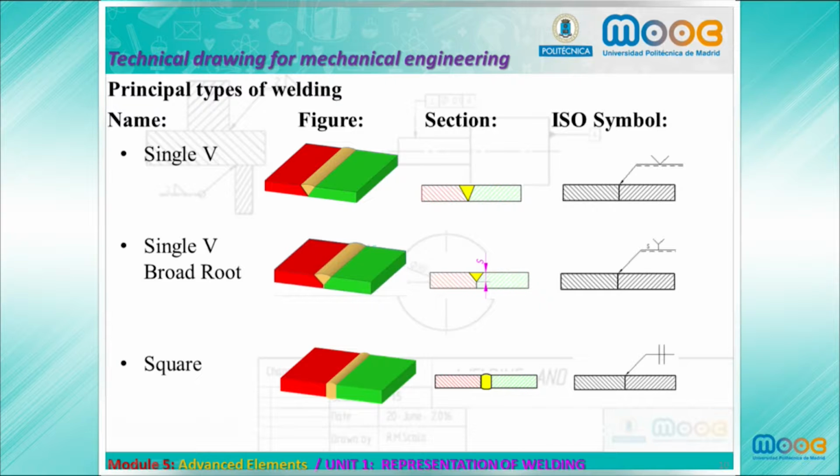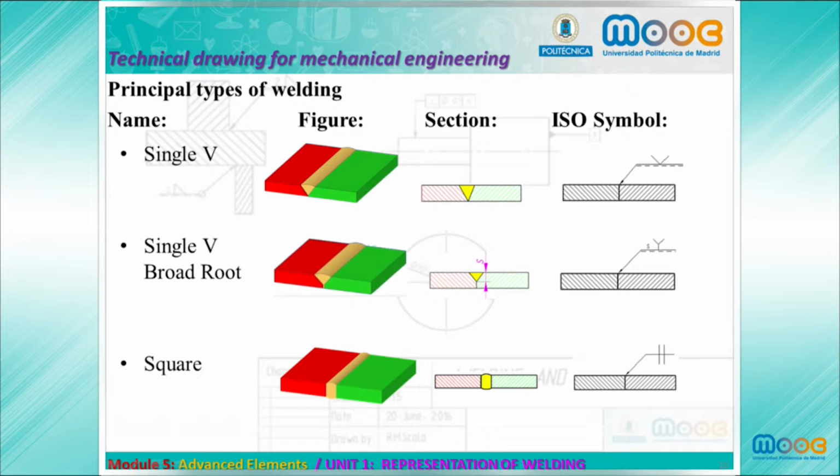Following with the principal types of welding, we have single V, which is a full penetration welding. That is, the fusion zone has the size of the thickness of the portions that are being welded. Single V broad root.